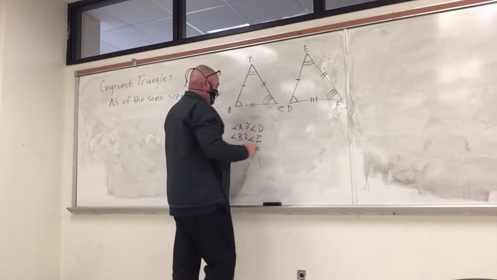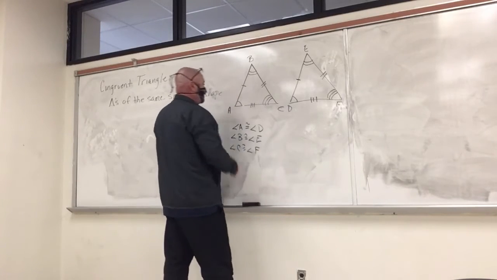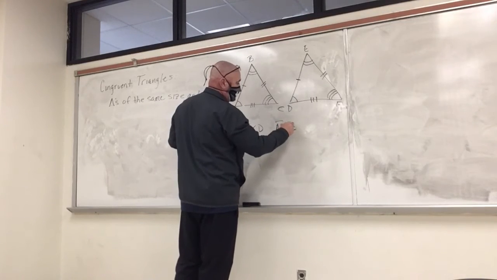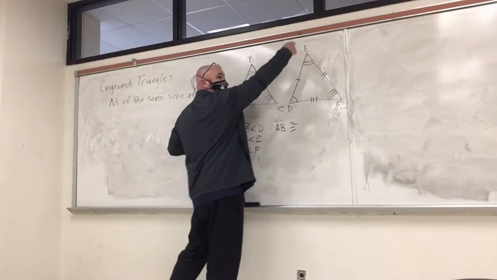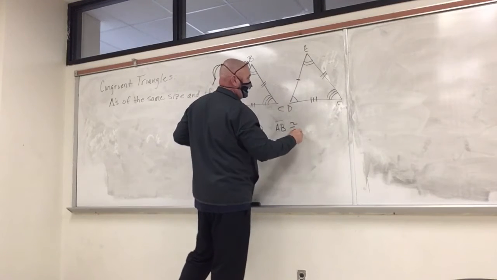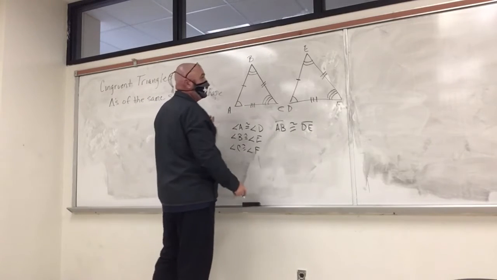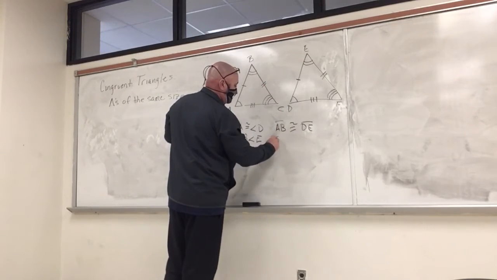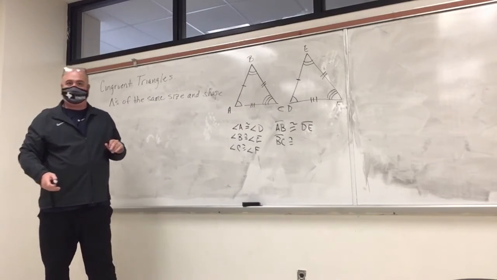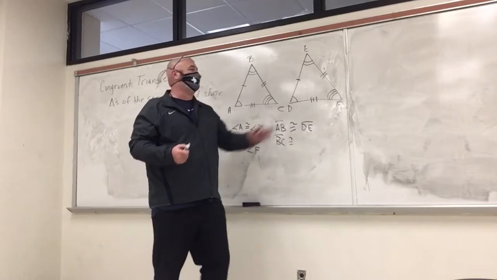That's it. So I'm going to say that, my bad, side AB is congruent to side what? DE. I went from 1 to 2. I'm going to go from 1 to 2 here. Okay? Does everybody understand? All right? BC is congruent to what side over here? EF. Why is it EF and not FE?